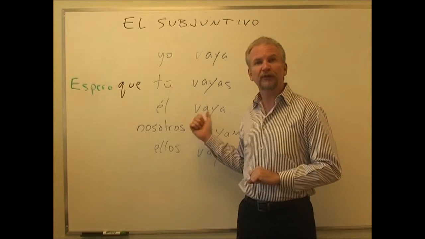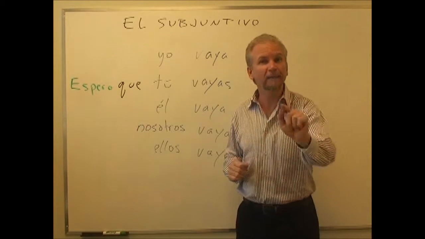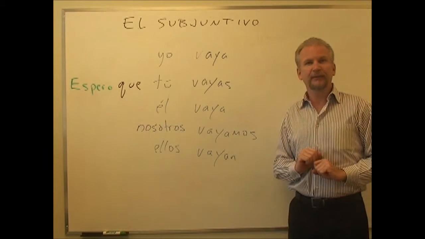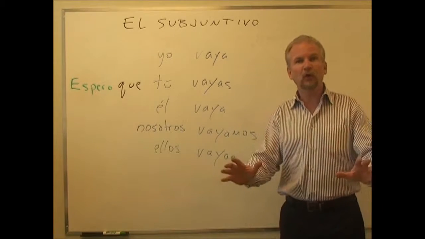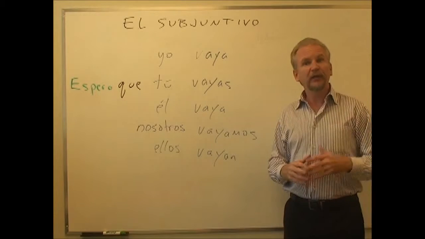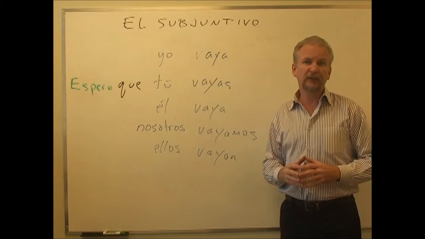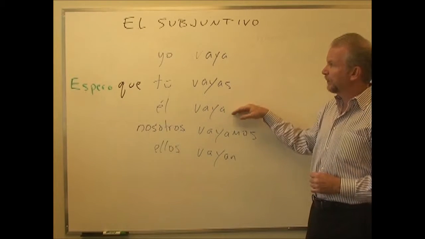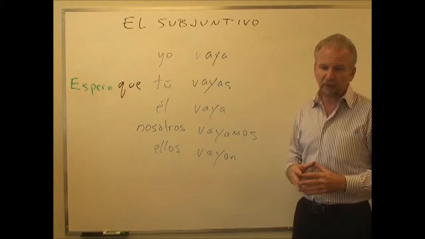Here we put it in the subjunctive form, espero que él vaya, or espero que ellos vayan. I hope that they go. So the subjunctive form takes the irregular conjugations like the imperative form, and we use them for everybody, remembering yo and él are conjugated the same way.